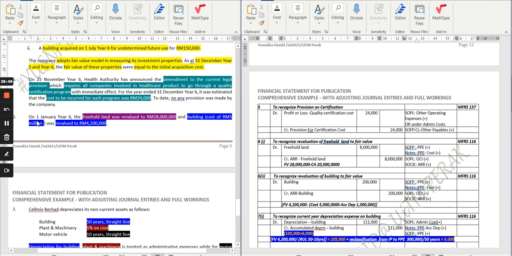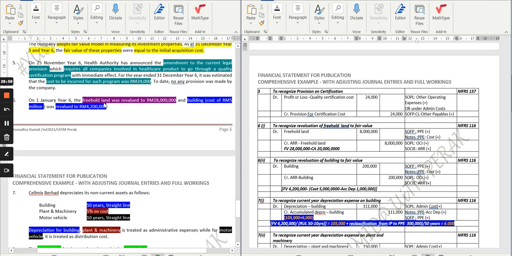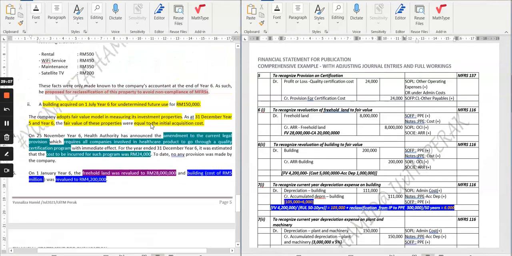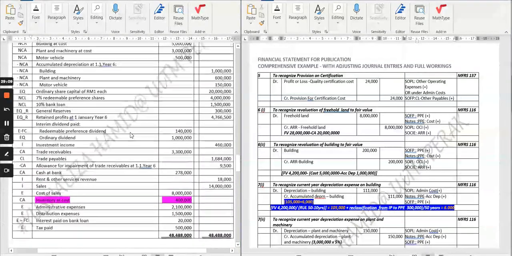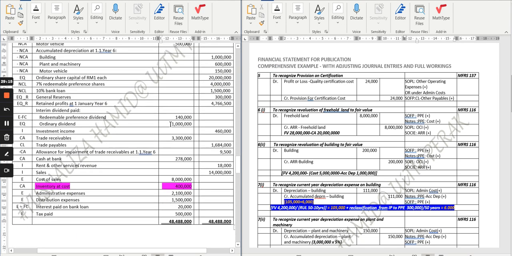So number 6 is on revaluation, but before that, number 5 is on provision. Now we go to number 6. On 1st of January year 6, the freehold land, which is a non-depreciable asset, was revalued to 28 million. If you look at the freehold land in the question, the carrying amount was 20 million.